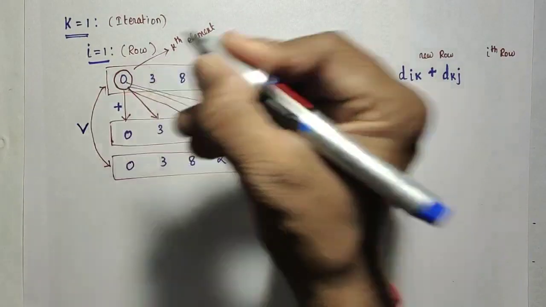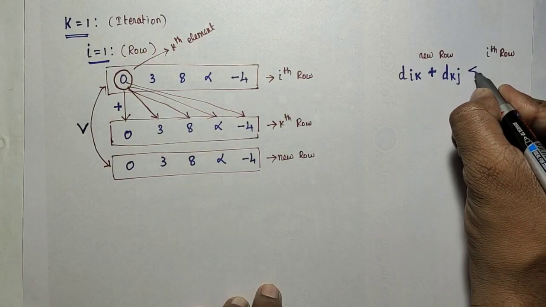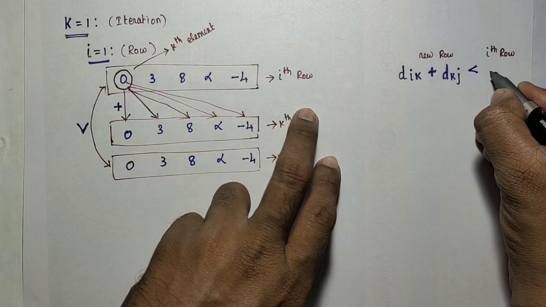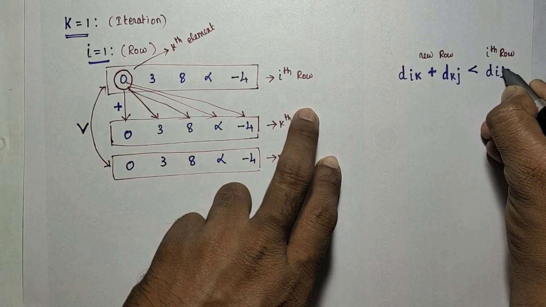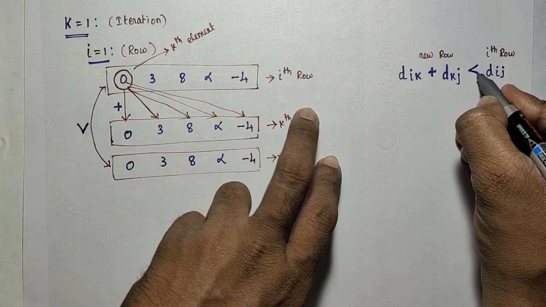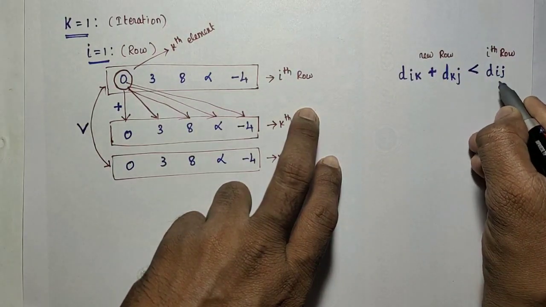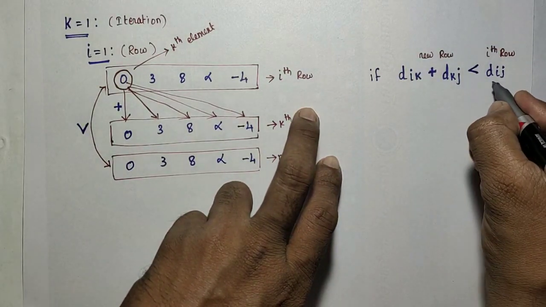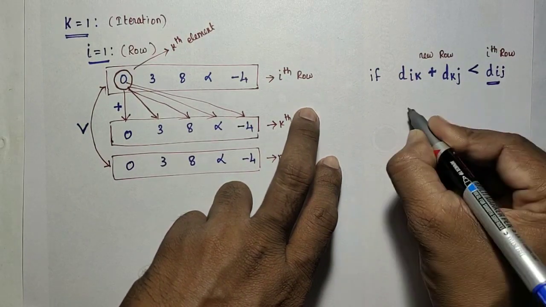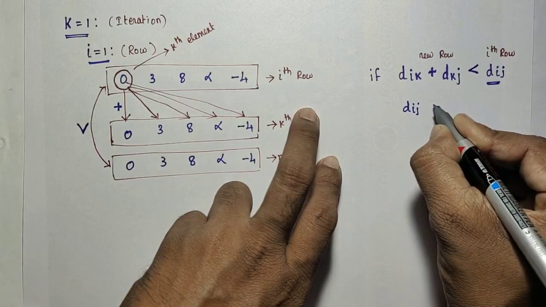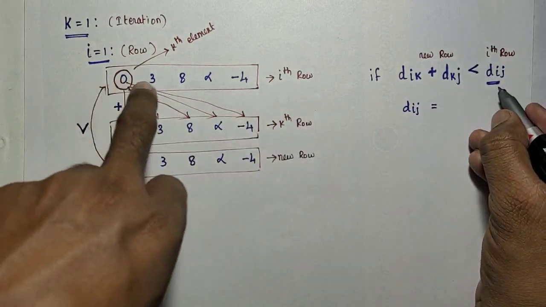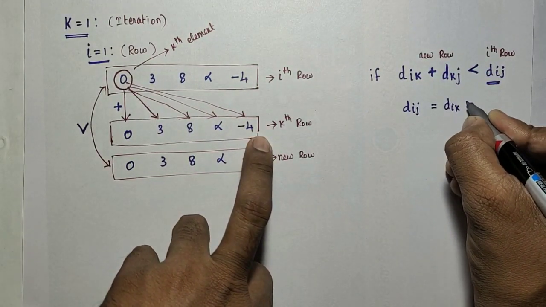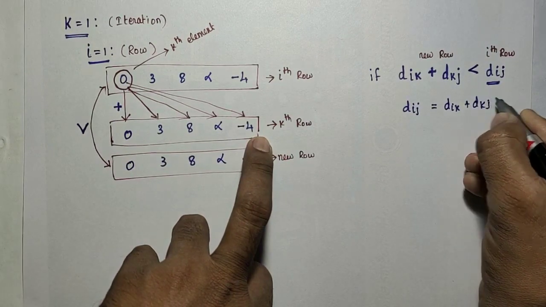Okay, so this is less than that, and that is nothing but the ith row jth element, that means dij. So if the newly added element is less than dij, that is, if this condition is true, we need to update dij. So dij equals the added element, that is dik plus dkj.